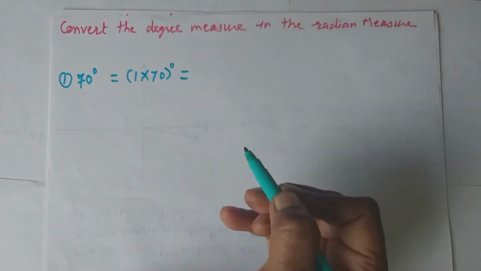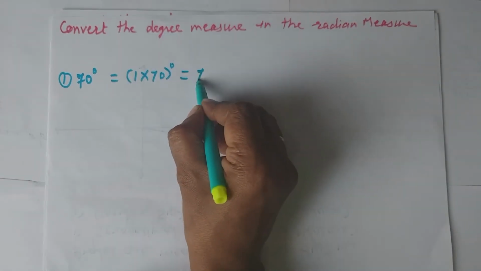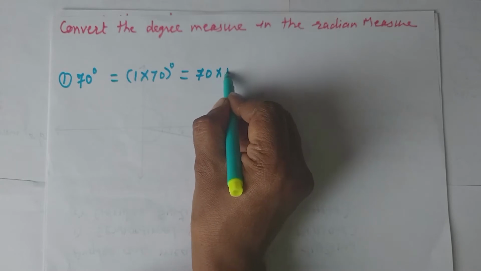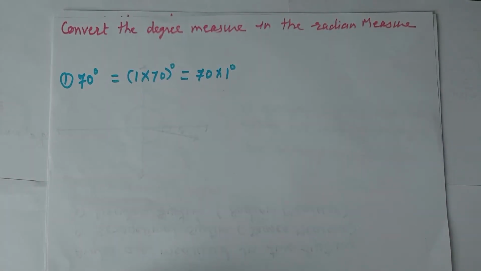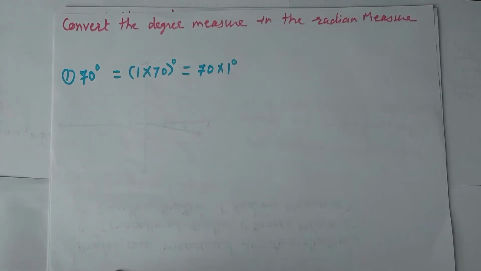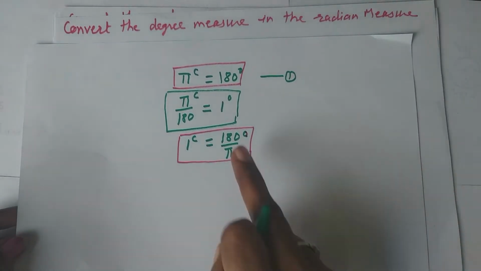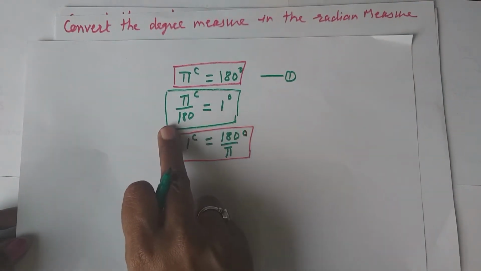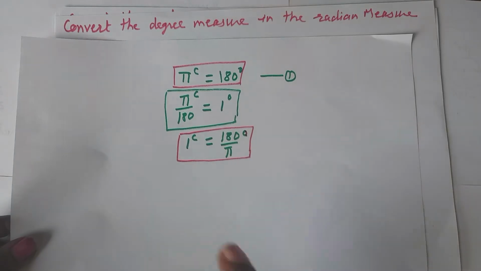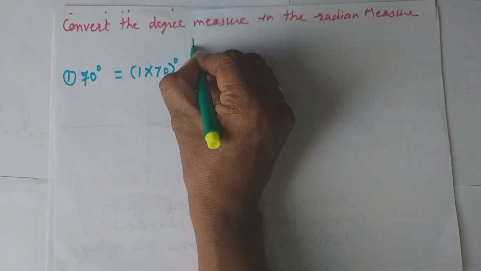And what is this? This is nothing but 70 times 1 degree. And what is the value of 1 degree? Just now we have derived that 1 degree is equal to pi divided by 180 radians. We will use this formula.